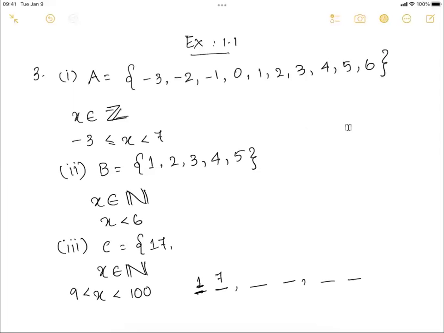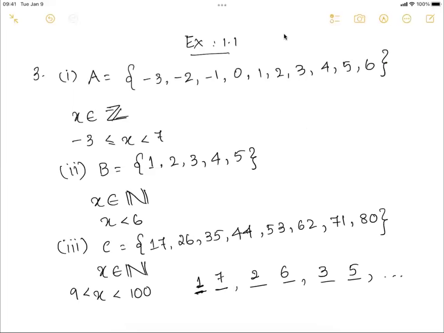So if you have 1 in the 10th digit, the 1st digit has to be 7 so that the sum is 8. If we have 2, 8 minus 2, it's going to be 6. If you have 3, it's going to be 5. So, and so on. So let's fill it up. 17, 26, 35, 44, 53, 62, 71, 80. So that would be C.